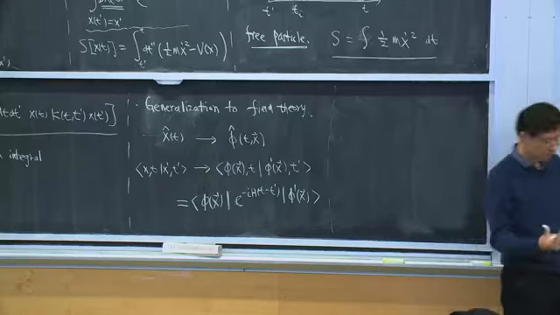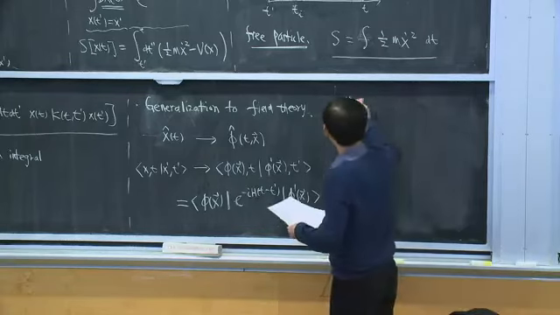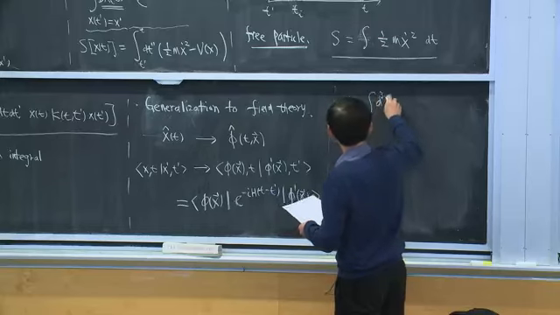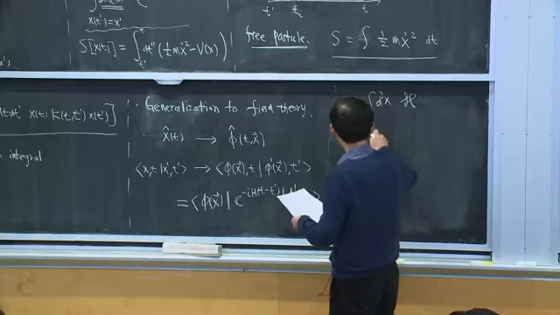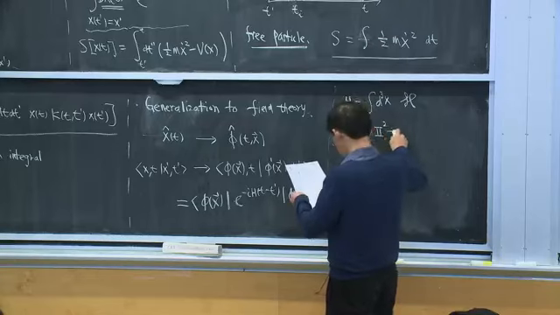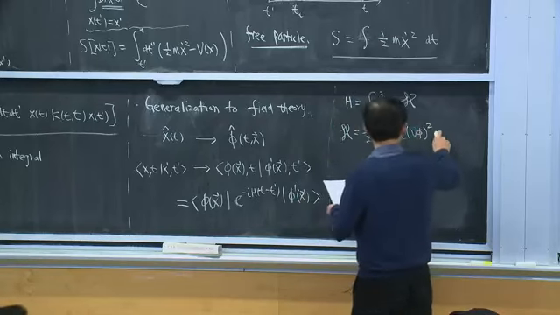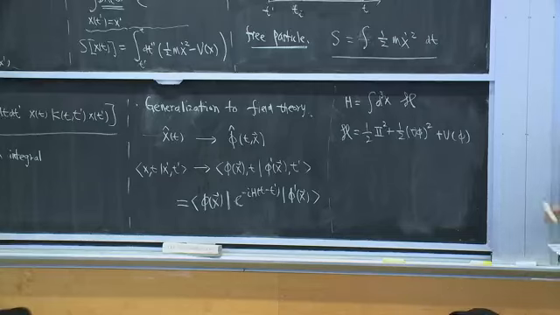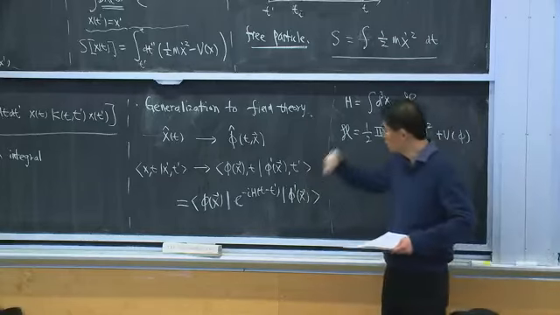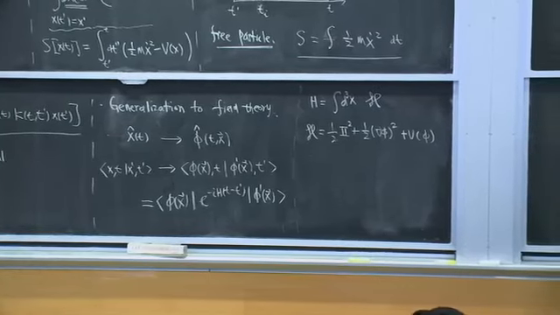Now H is of course the field counterpart, but the details of this do not matter. Say this is the Hamiltonian. You can just insert it here and repeat the same procedure. Just keep in mind that now you have an infinite number of degrees of freedom. That's the only difference.